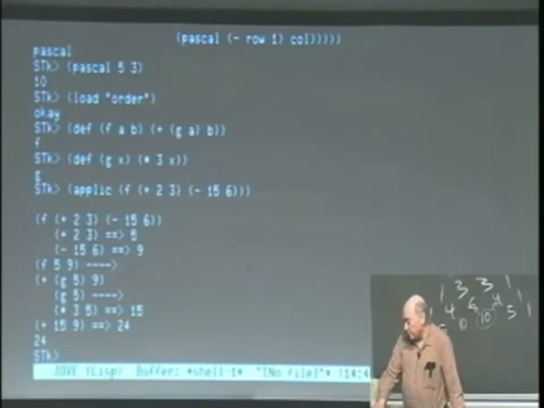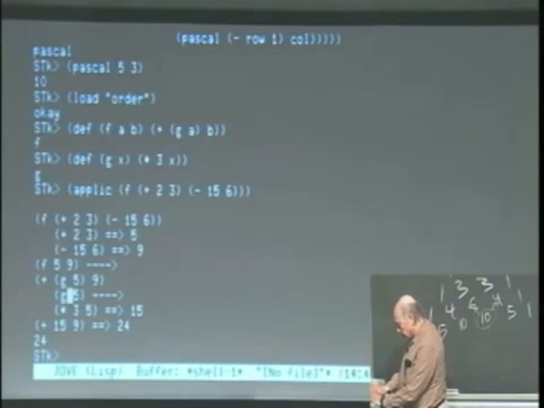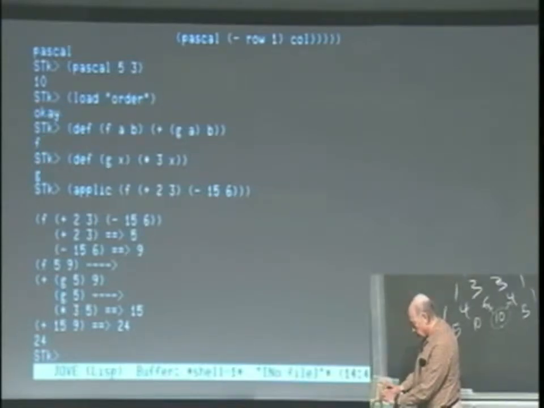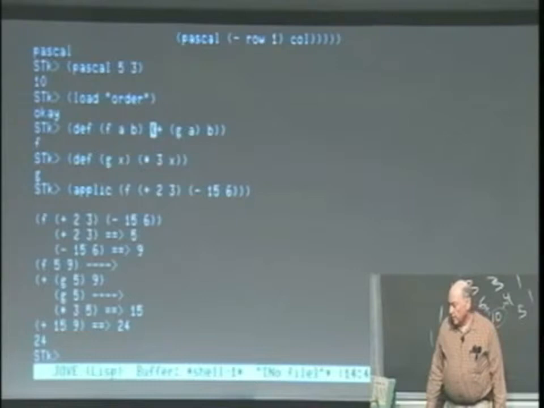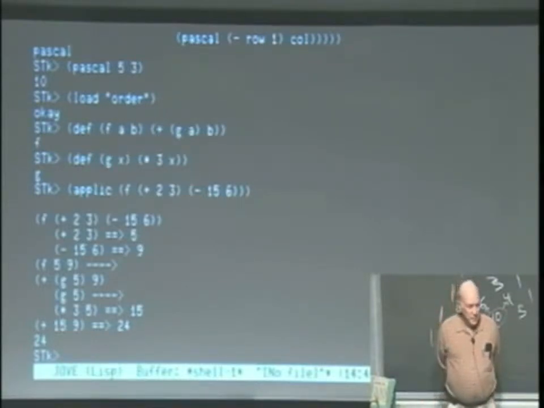So f of 5 and 9. The body of f is plus g of a, b. That's plus g of 5, 9, substituting 5 for a and 9 for b.